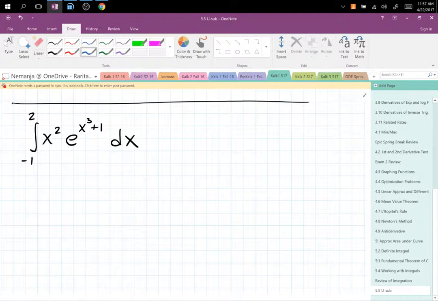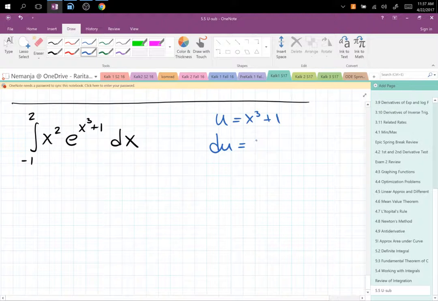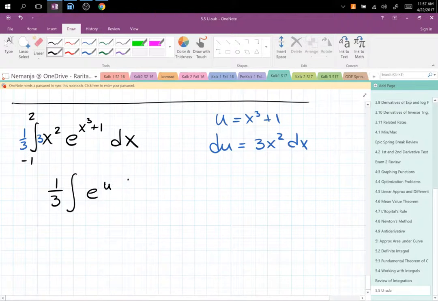What's the substitution? Yes, x cubed plus 1. And what do I get for du? 3x squared dx. So I need to fix that 3 and put the 1/3 in front, and I can go with 1/3 integral e to the u du. And now, limits.